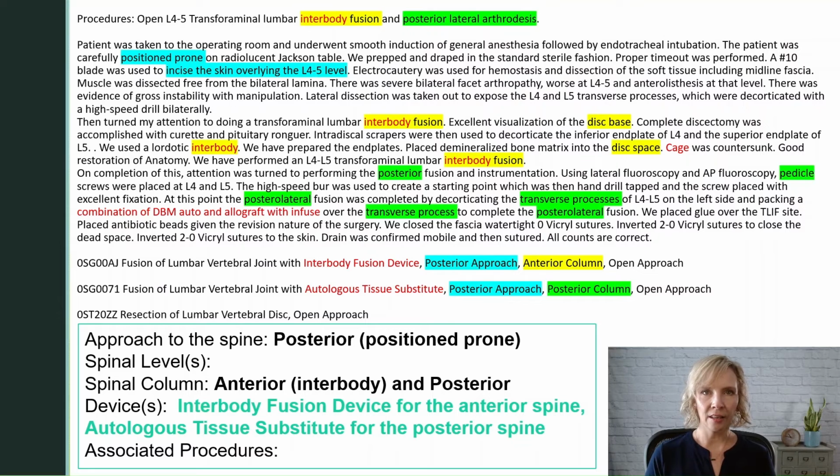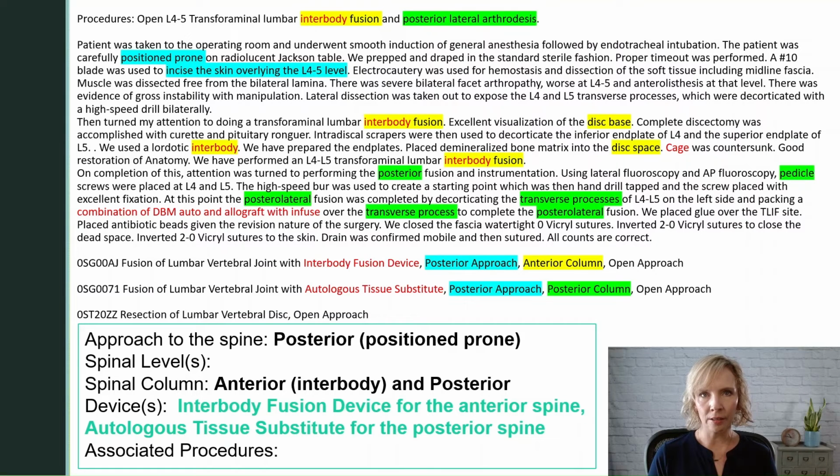Next, let's identify the devices that were used. I indicated the applicable documentation with red font. The operative report specifies that an interbody fusion device along with bone matrix was used for the anterior fusion procedure. According to PCS guidelines, if an interbody fusion device is used to render the joint immobile containing bone graft or bone graft substitute, the procedure is coded with device value interbody fusion device.